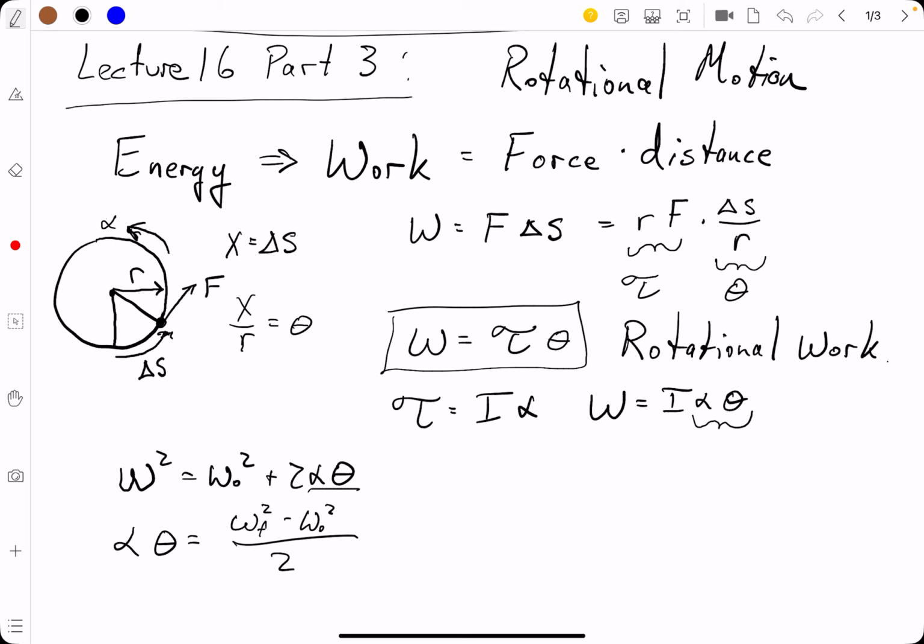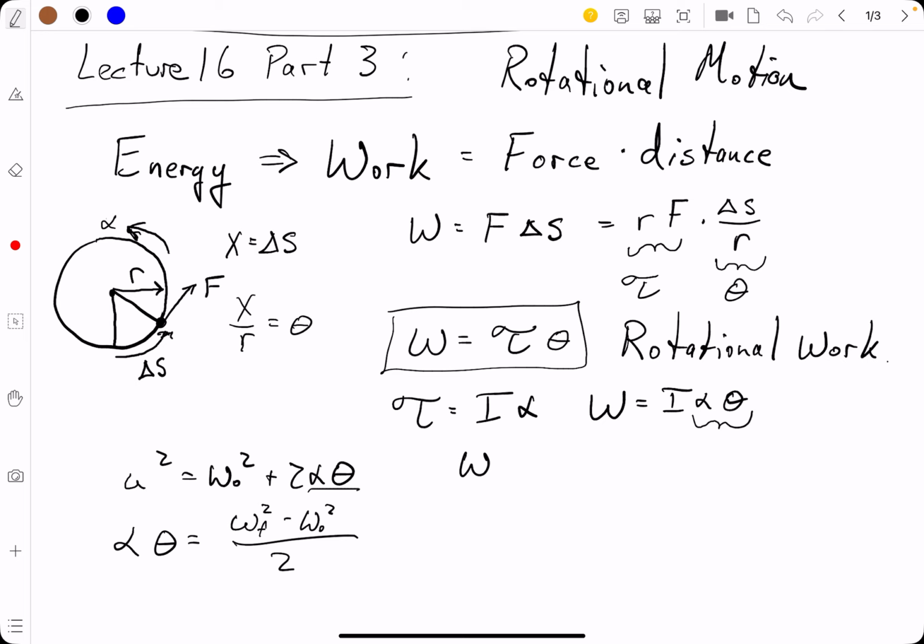Nice. I'm going to do that instead. Okay. So our work net, I don't like this omega here. It's too much like work.